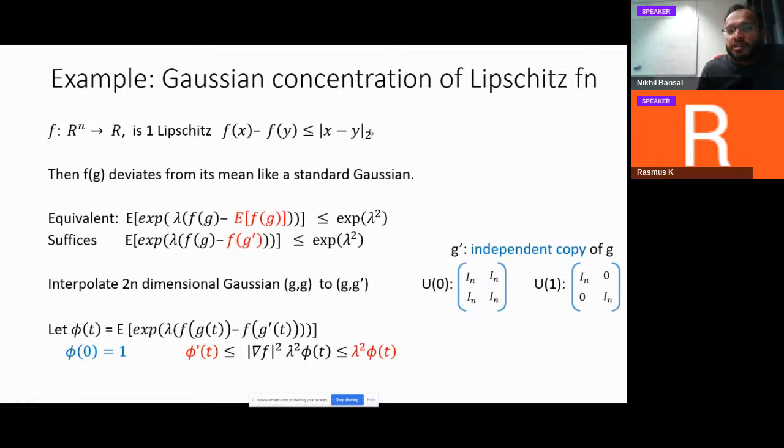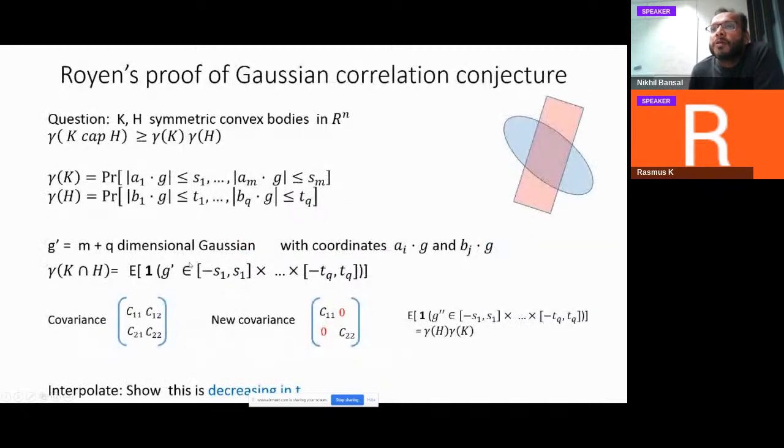Now, a classic and very useful result is that this is very tightly concentrated. If you evaluate it at a random Gaussian, it decays like a standard Gaussian with variance 1, as opposed to Azuma-Hoeffding or something, which would only give you a much weaker tail with variance n instead of variance 1.